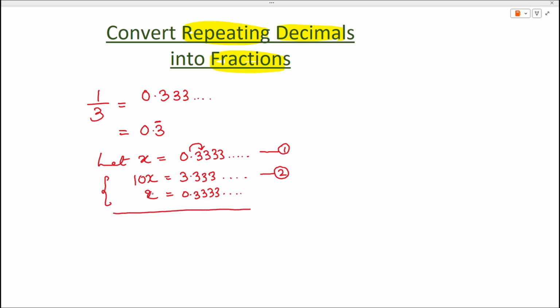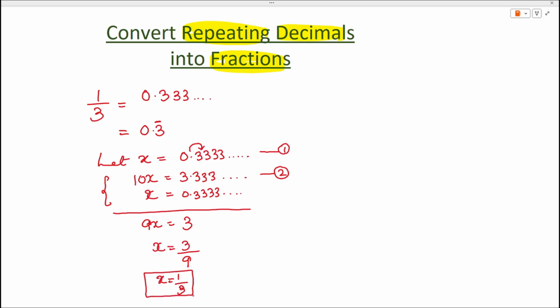On subtracting, 10x minus x gives us 9x, and 3.333 ongoing minus 0.333 ongoing gives us just 3. So 9x is equal to 3, and multiplication goes as division on the other side, so x is equal to 3 over 9. So x is equal to 1 over 3.